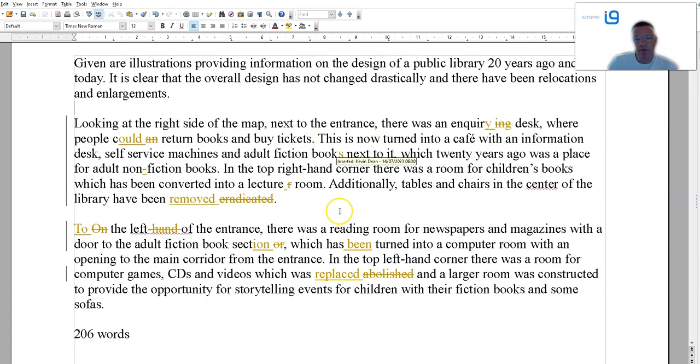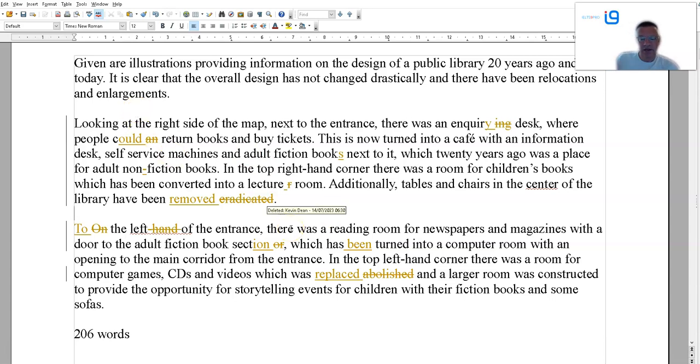I don't know whether it's because the author of this comes from a country where reading goes from right to left, like in Arabic or Farsi, whereas ours goes from left to right. But I wrote mine going clockwise. It seems this one's gone anti-clockwise.